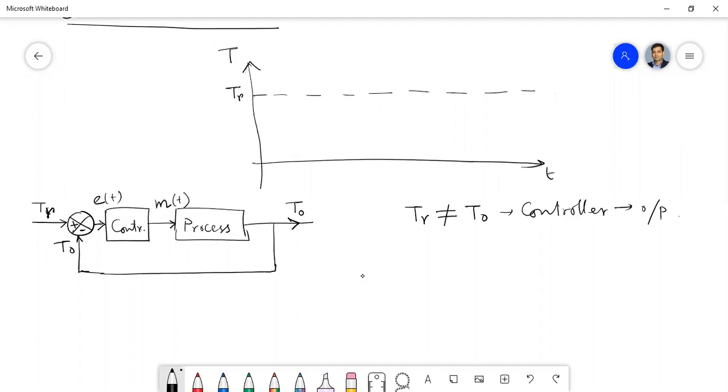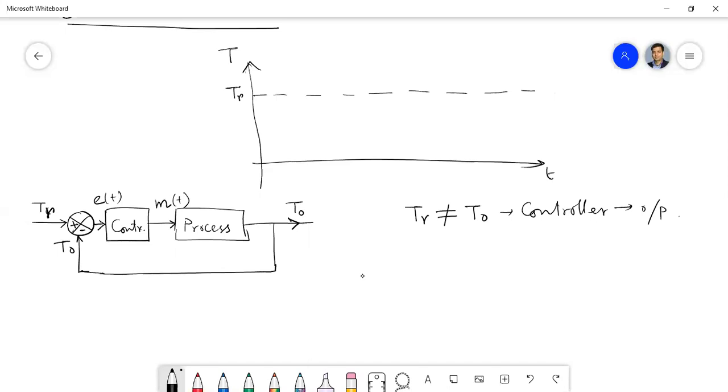If the switch is on, then the temperature of the process will increase. Now, if the switch is off, no voltage input to the process. Now, as per the natural process, the process will cool down. Is that clear? Because your ambient temperature is already less than the process temperature.